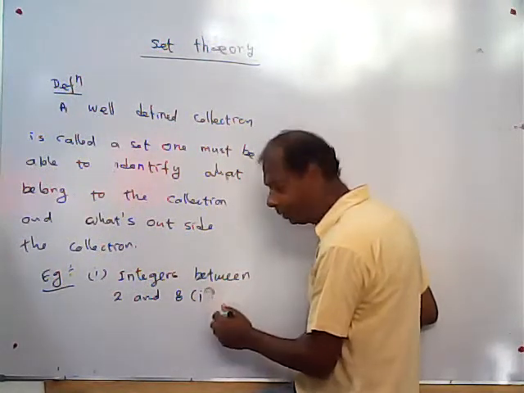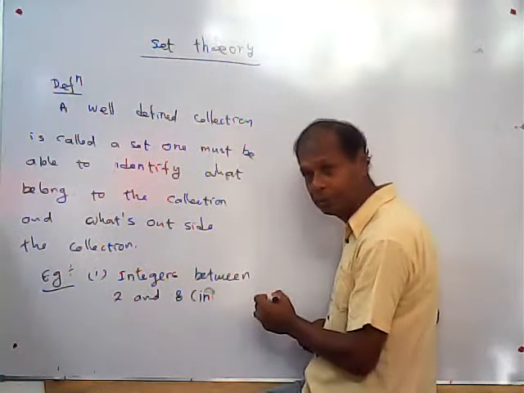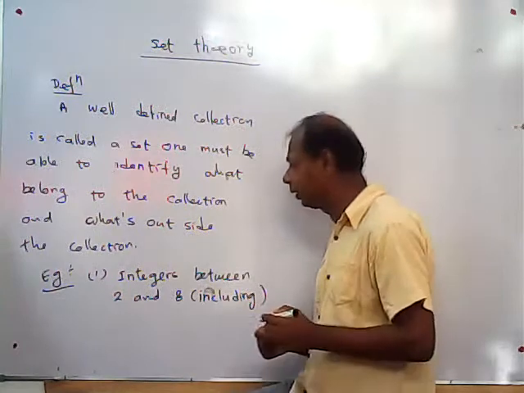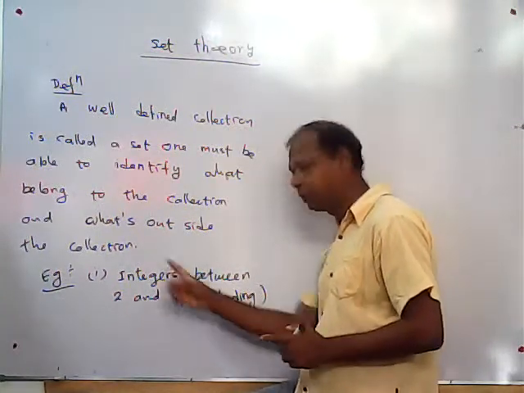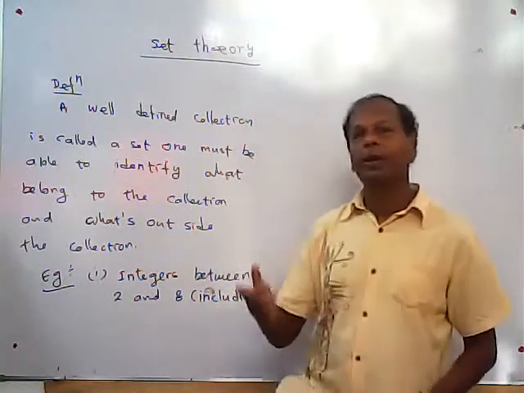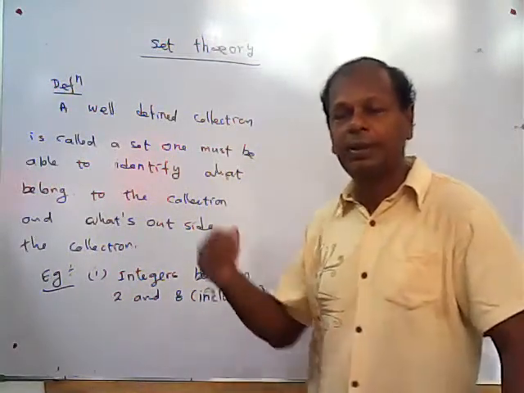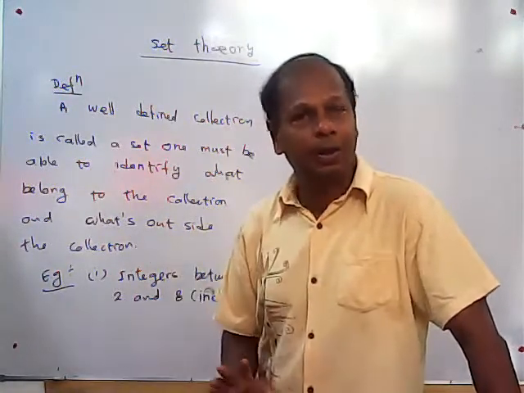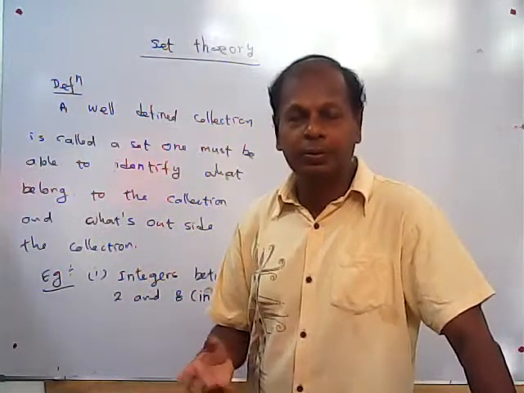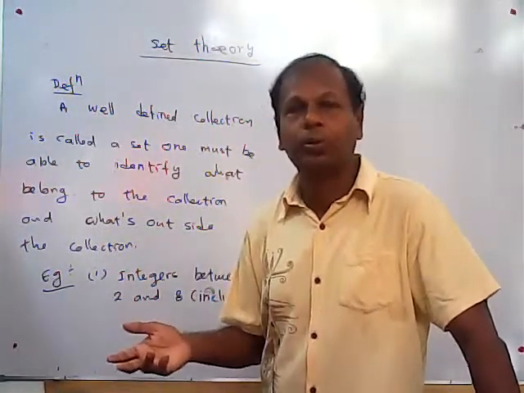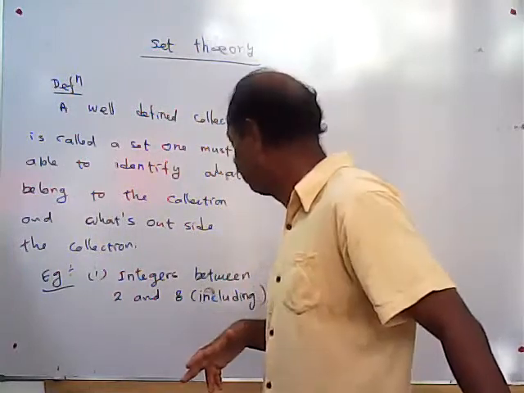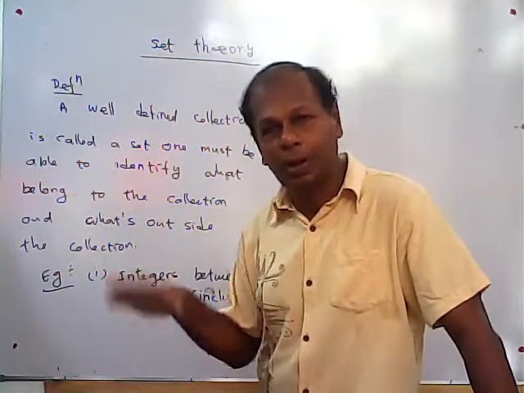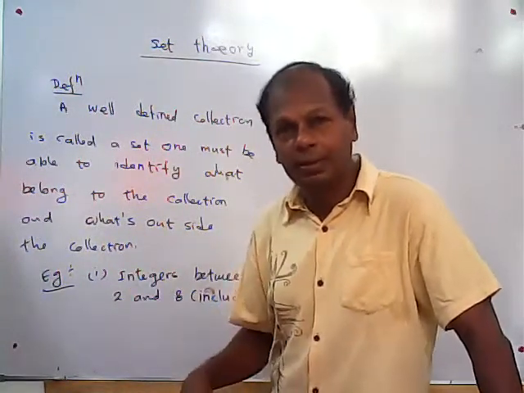Well defined. So I write including. You have to give whether including or not. If not, it will not be well defined. Integers between 2 and 8, including 2 and 8. Right. So given 5, you can check whether 5 is an element of this, or 5 belongs to this, or it is outside. So you can easily check it. So given say -3 or 2.7, 3.9, you can check whether it belongs to this or is outside. So it's a set.